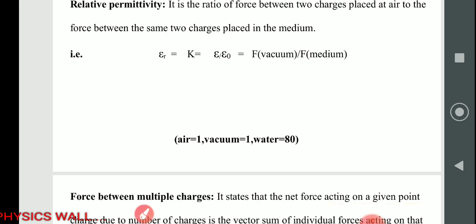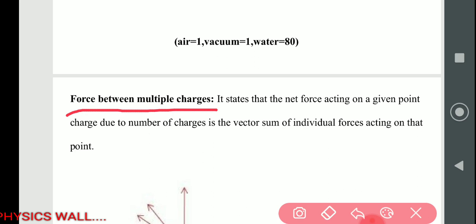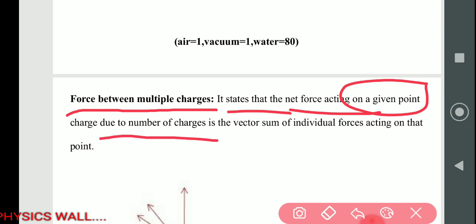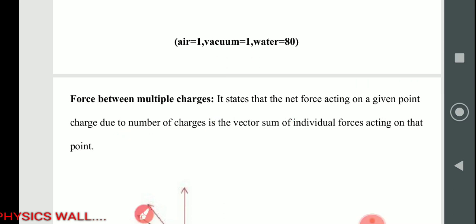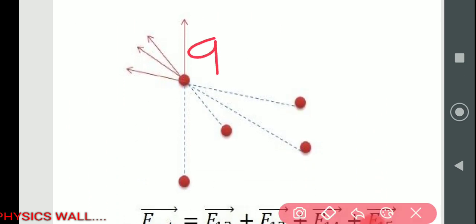Now we will discuss the superposition principle or force between multiple charges. What is it? It states that the net force acting on a given point charge due to a number of charges is the vector sum of individual forces acting on that point. Let us suppose we have a charge Q naught at this position.